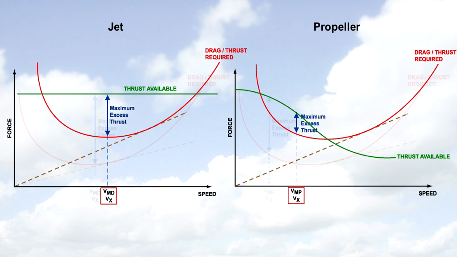However, it's important to realize that the speed for maximum excess thrust available is higher. We've seen that for both jet and propeller aeroplanes, as weight increases, the speed Vx will increase. This means that although your climb angle will decrease with a higher weight, in order to get the best possible climb angle from this deteriorated performance situation, you'll have to fly at a higher speed.